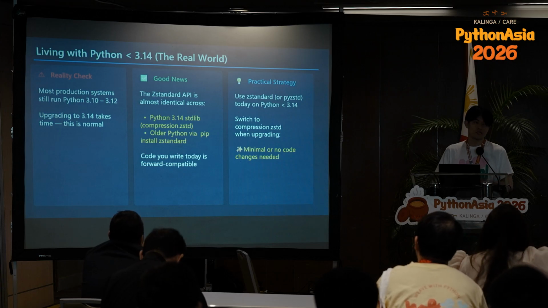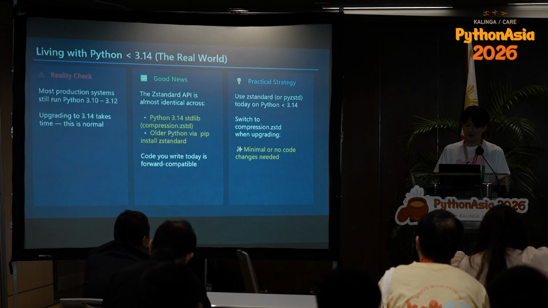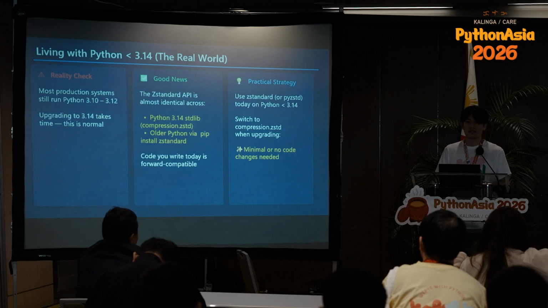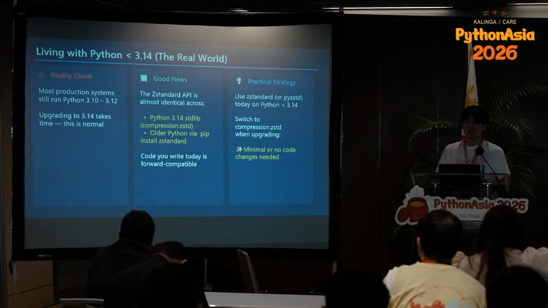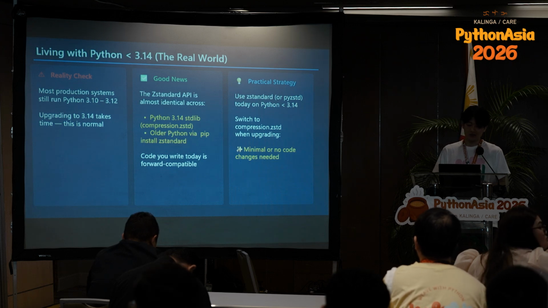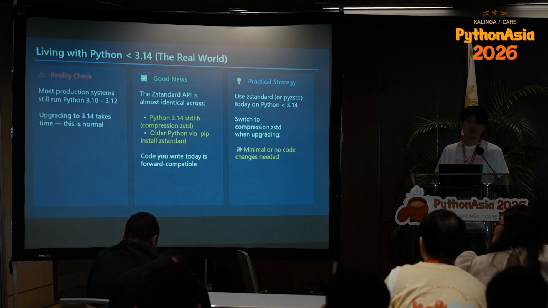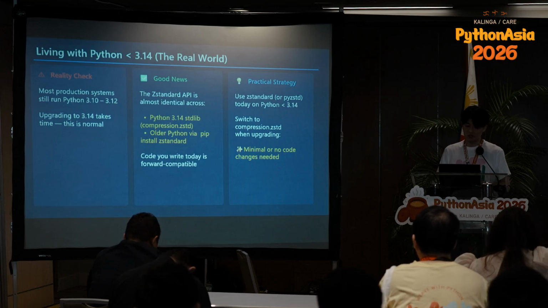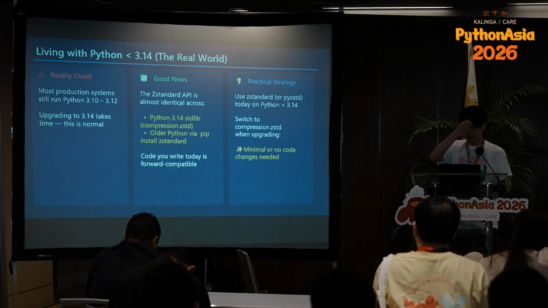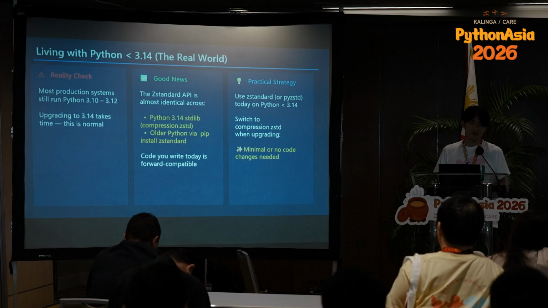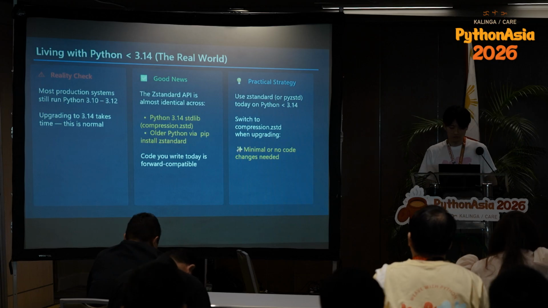The good news is that the Zstandard API is almost identical between the standard library in Python 3.14 and the third-party libraries installed by pip. So you can easily migrate Zstandard code even if you are already using the third-party packages today. You can switch with minimal changes when you upgrade to Python 3.14.